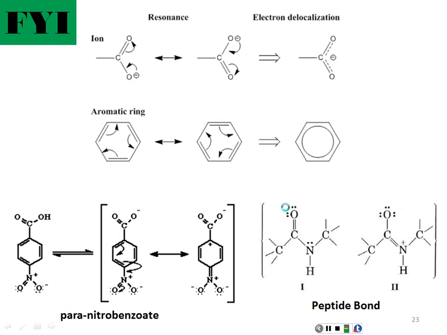And in biochemistry, these two molecules at the bottom, the peptide bond especially, that's really big in biochemistry. And there's resonance. You see there's a double bond between carbon and oxygen that can switch to a double bond between the carbon and the nitrogen in a peptide bond.